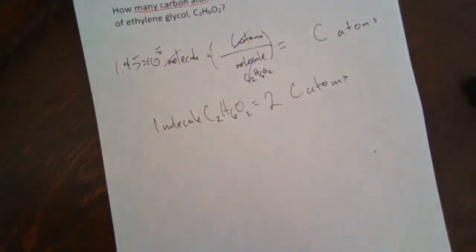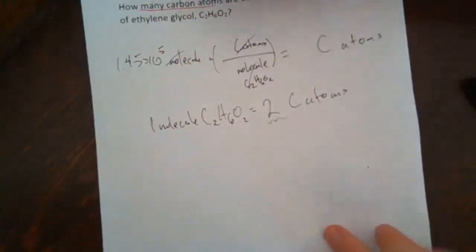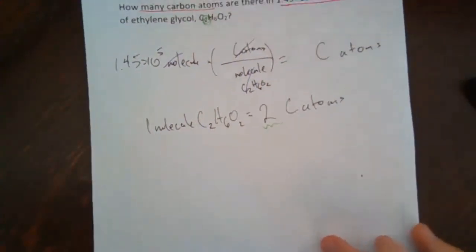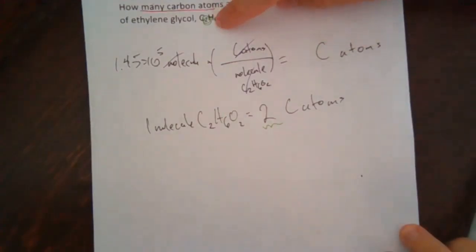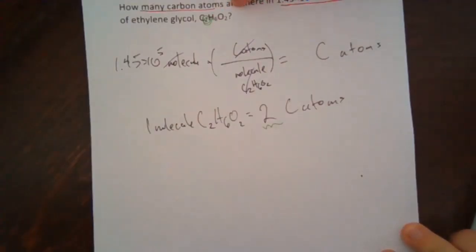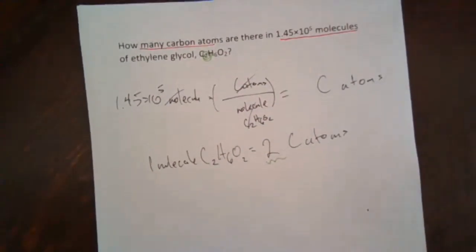And when we're looking at this 2, we find it right there, because the package, the group that we call a molecule, contains a certain number of each type of atom. The 2 comes from that subscript in our molecular formula. If we were asking about hydrogen, it would be 6. If we were asking about oxygen, it would be 2. So we can always do that relationship.